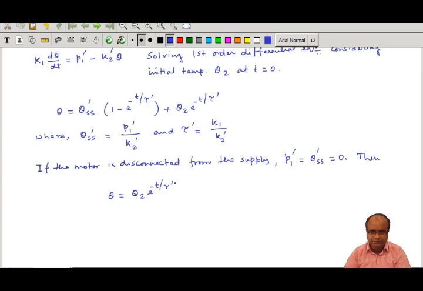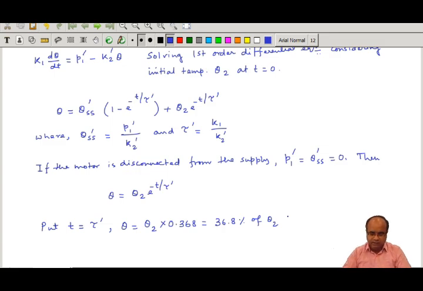Now if I substitute t equals tau dash, what will happen when the motor is disconnected from the supply? Theta becomes theta 2 into this term, which becomes 0.368, that is 36.8% of theta 2.